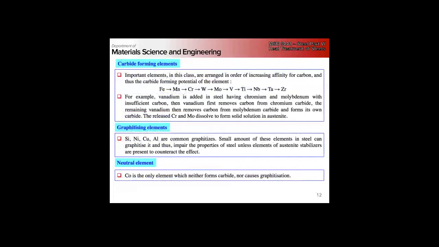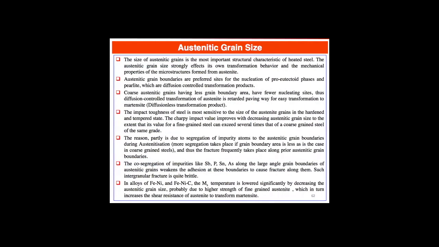Why do we want a fine austenite grain size? For you to form phases at the austenite grain boundary, right? All of the reactions we talked about, for the most part, are happening at those grain boundaries, right? So if we have a finer austenite grain structure, we're going to have a much finer final microstructure, right?